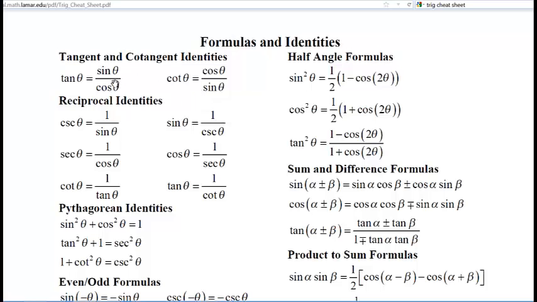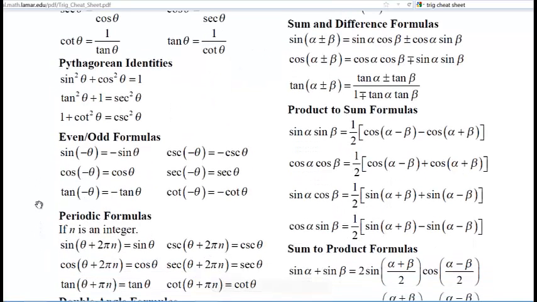So hopefully that's what you got. Pythagorean identities, you will use this. Definitely sine squared plus cosine squared equals 1. That comes up a lot. And I've seen the tangent Pythagorean identities, I would know those. Those are definitely big ones that come up a lot.